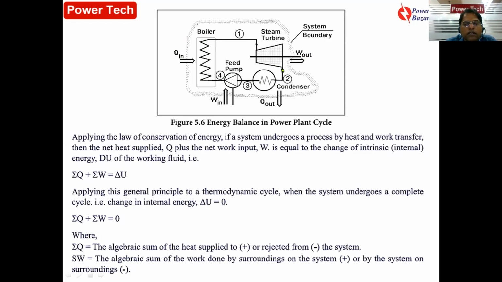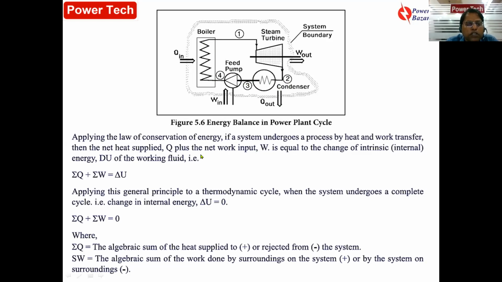Then the steam is condensed with the help of the condenser, and this condenser is cooled by cooling water. Again, the raw water or the dam water is pumped through the boiler feed pump, and this process is repeated.